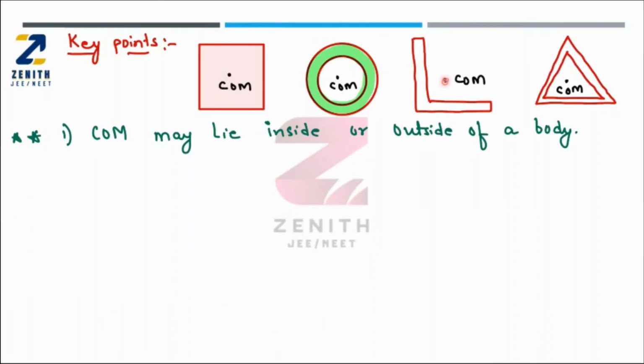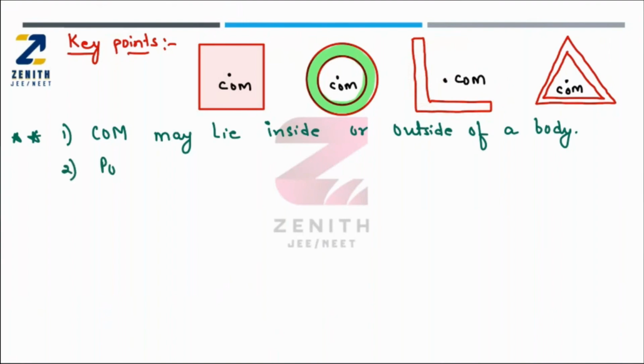Now you can see here for the L shape section, I will talk about it later on. I can divide this L section into two forms and we can calculate the center of mass for a composite system. Right now I am only discussing some of the key points, and later on I will discuss this composite system also. Center of mass may lie inside or outside of the body.